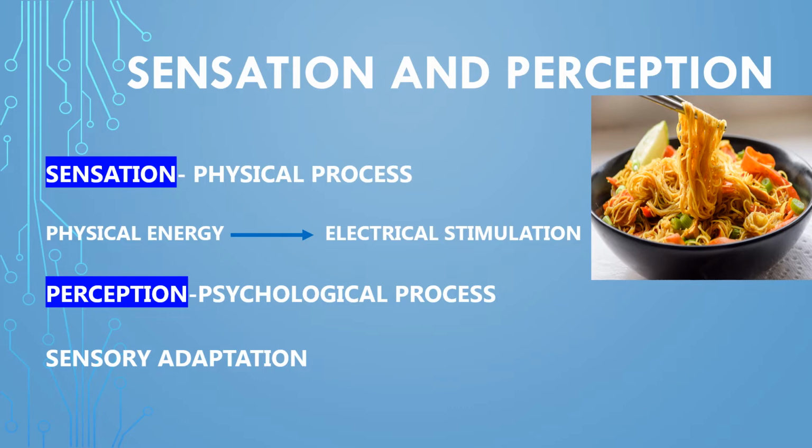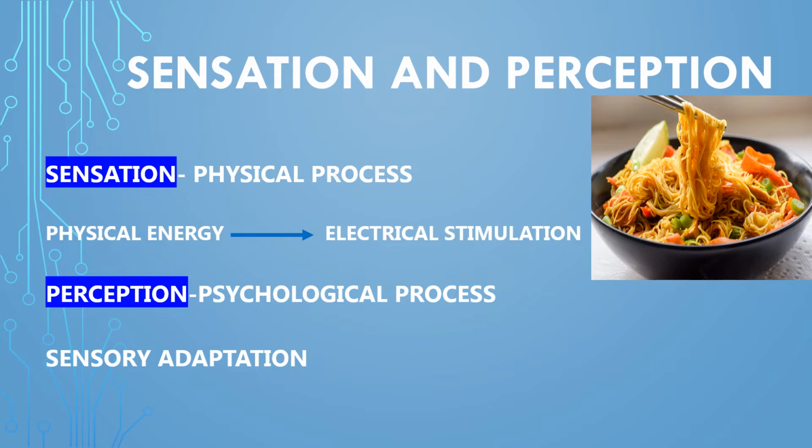Once our brain receives these electrical signals, we make sense of all this stimulation and begin to appreciate the complex world around us. This psychological process, in which we make sense of the stimuli, is known as perception.